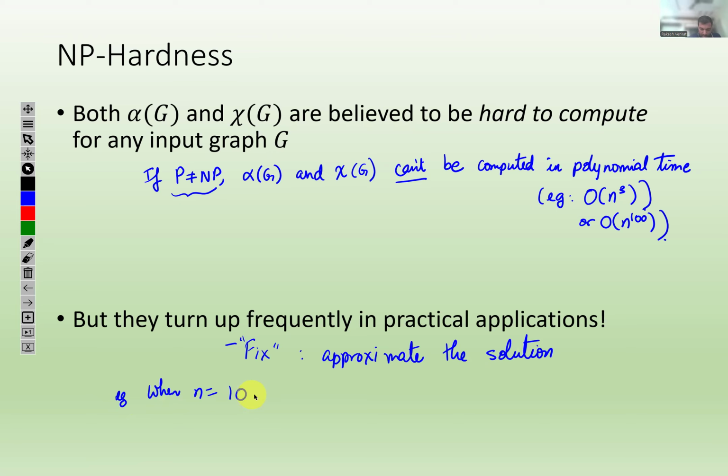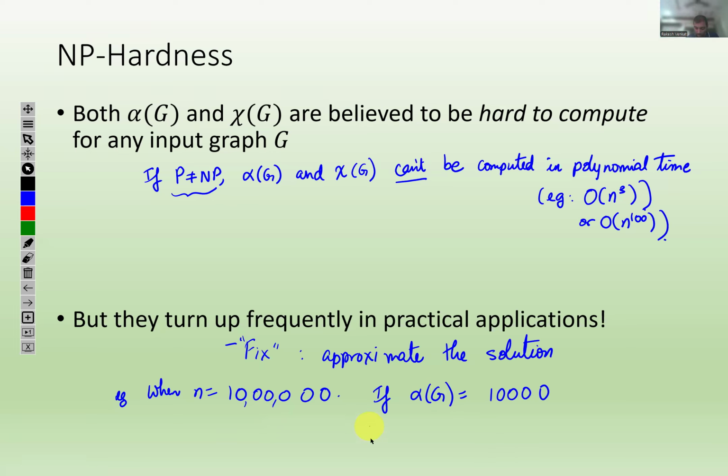For instance, when n is equal to 1 million, 10 lakh, if alpha of G is say 10,000, then I will not necessarily give you an independent set of size 10,000.